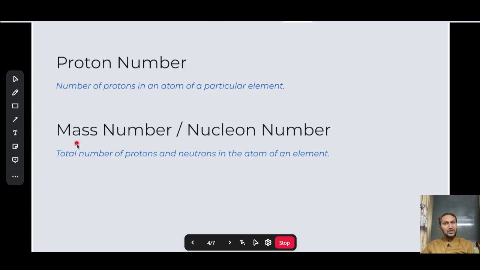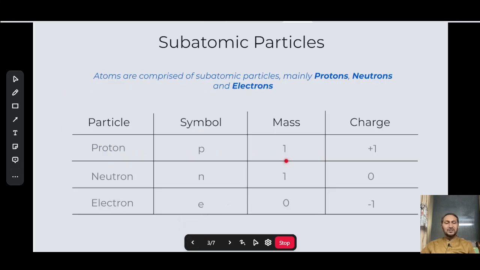Now come to the definition of mass number. Mass number, or the other name of mass number is nuclear number, is defined as the total number of protons and neutrons in an atom of an element. Remember, as I mentioned in the previous table, these are the protons and neutrons which determine the mass of the nucleus, because electrons have no mass, 0.